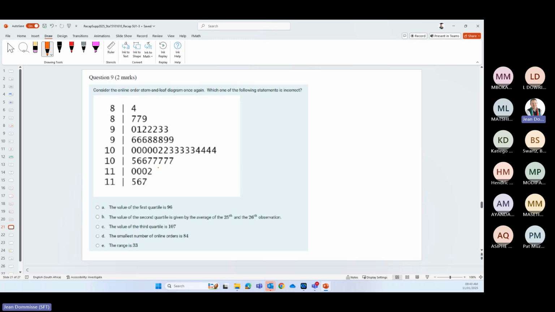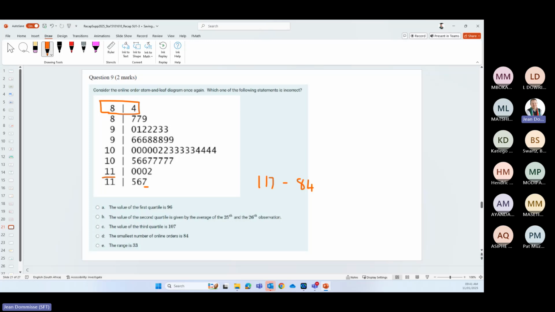So when I look at this, what I normally will do from the start, I will say, okay, that's my minimum. 117 is my maximum. So that nearly is my first thing that I would look at.